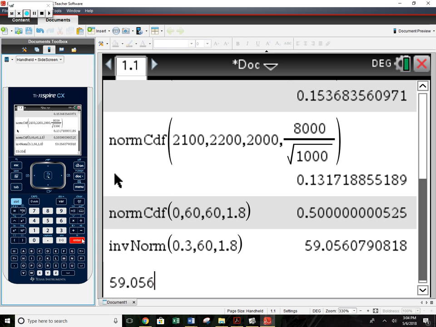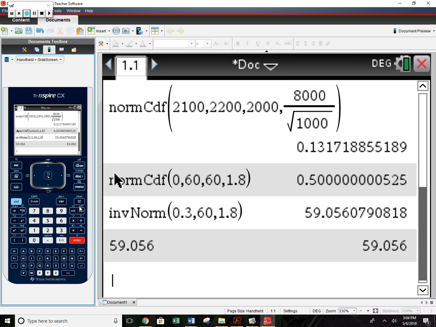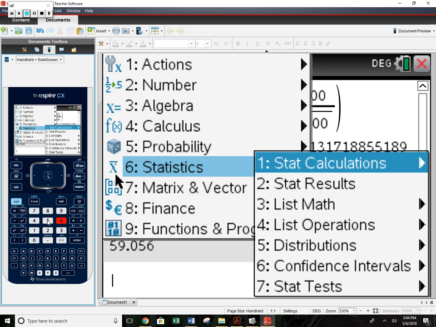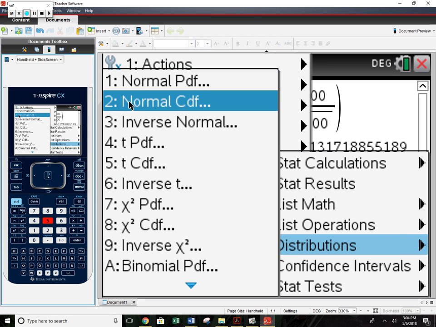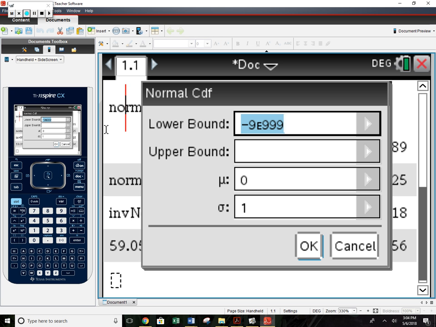And holy crap, I did that twice now, so I've got to go menu 6, 5. Boom, boom, boom. Okay, we're going to 56 to 62, 60, 1.8.